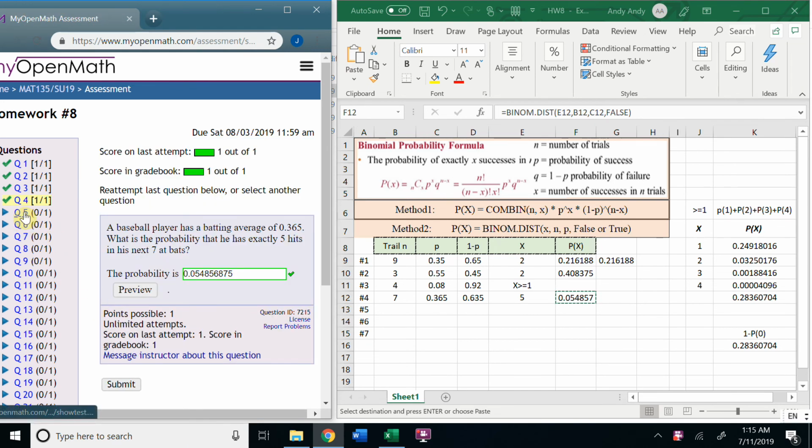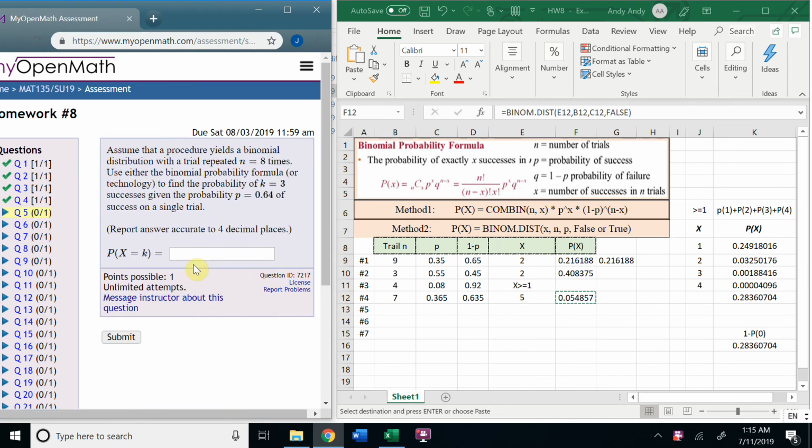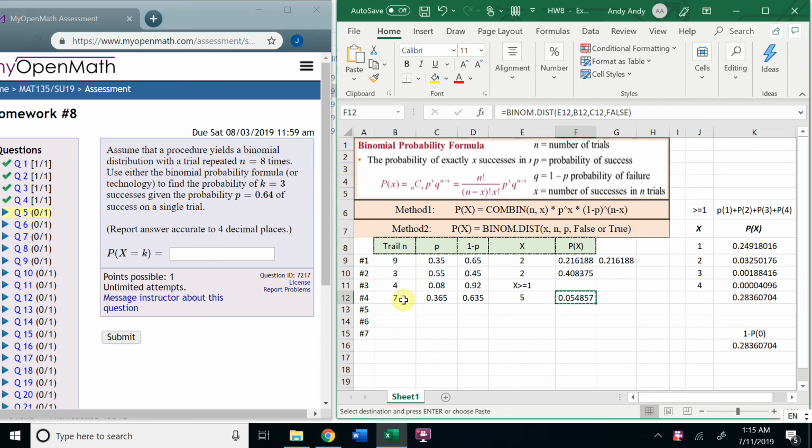Okay. Now let's do number 5. A procedure yields a binomial distribution with a trial repeated n is 8. So n is 8. Find the probability, k is 3. Here x is 3, and the probability is 0.64.